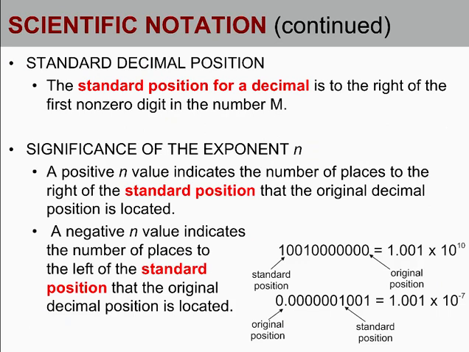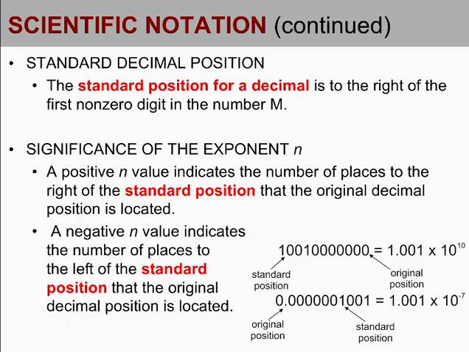Okay, so we said that the standard position for a decimal is to the right of the first non-zero digit in the number m. That's how we determine that coefficient value. But then additionally, we talked about how larger numbers have positive values of n, and smaller numbers have negative values of n.